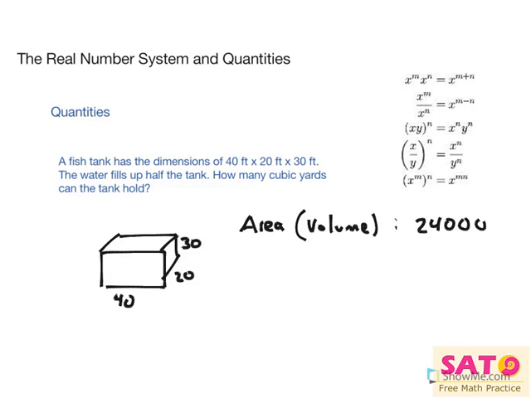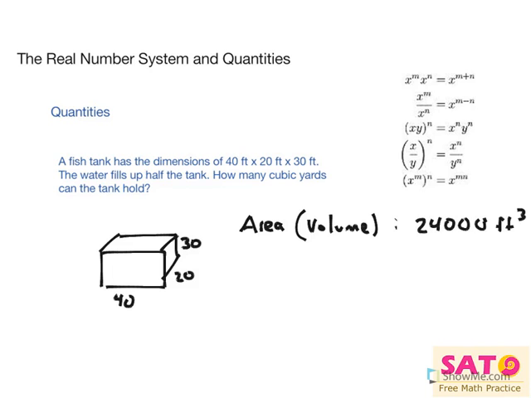Now we have to be careful that we know what units this is in, which is feet to the third power, because you multiply feet times feet times feet, which is feet to the third power.